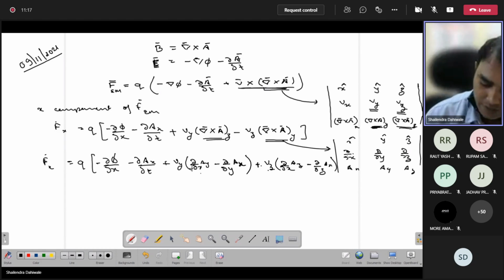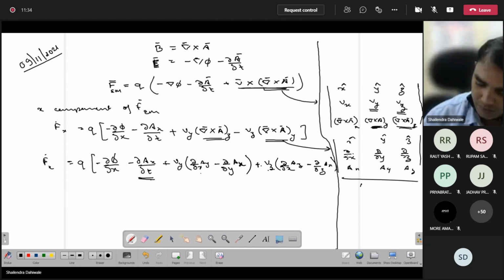And here itself I write what is my del Ax by del t. So if I expand this, A is a function of x, y, and z.